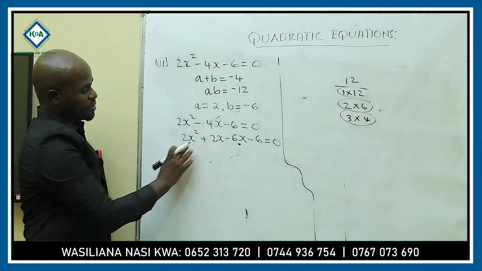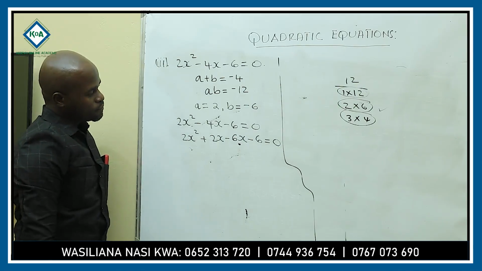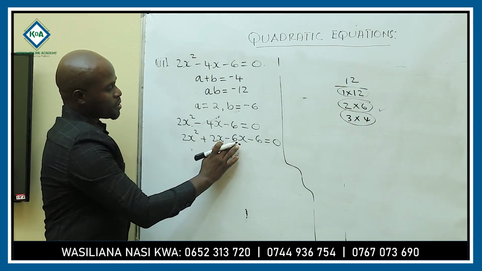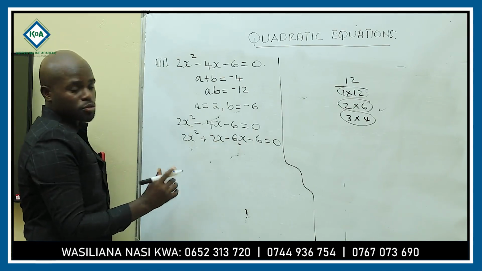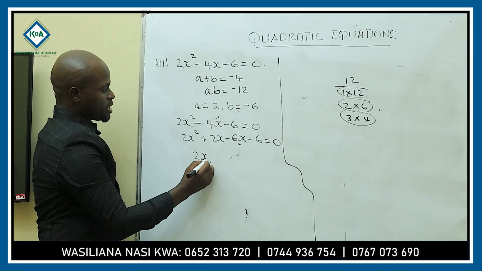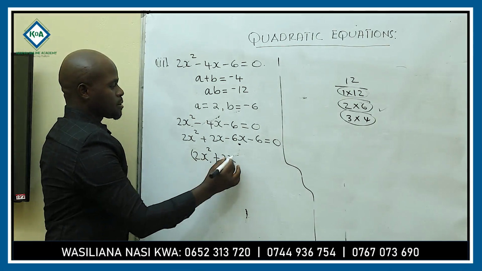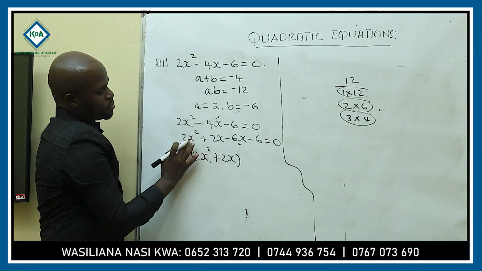Now here we have 4 terms: 1, 2, 3, 4. Then we group into 2. The first group will be 2x squared plus 2x.